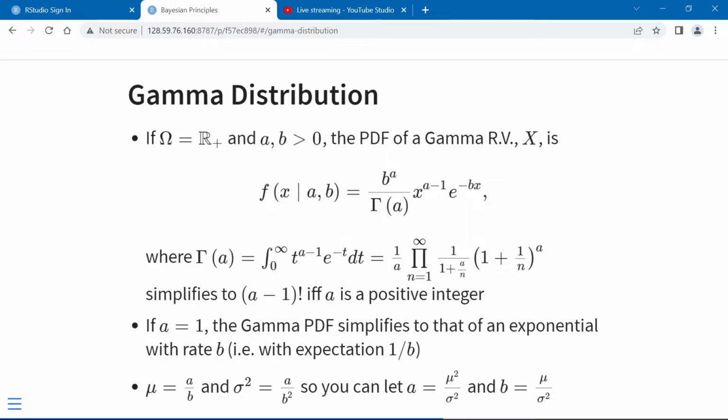Gamma of 1 is 1, and so we're left with just this piece over here, which is what we saw last time to be the PDF of the exponential distribution with rate b, and consequently with expectation 1 over b. So exponential is a special case of gamma. You could use the gamma distribution when you have more information than just the expectation. So exponential is maximum entropy, so in a manner of speaking, optimal.